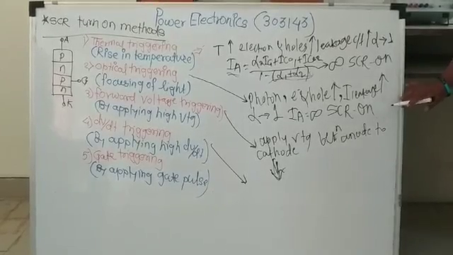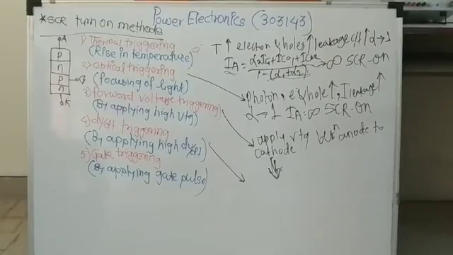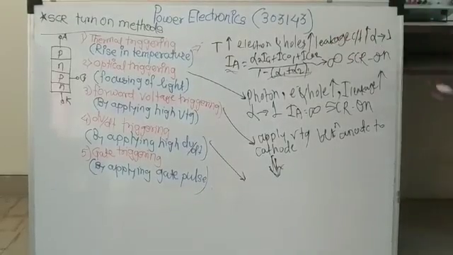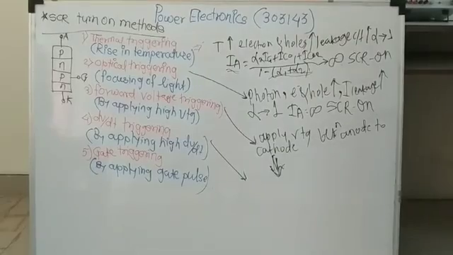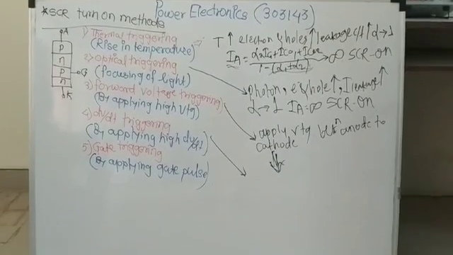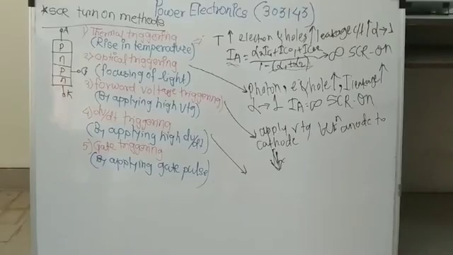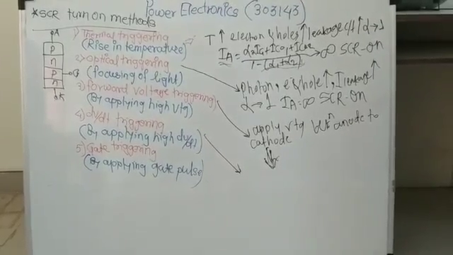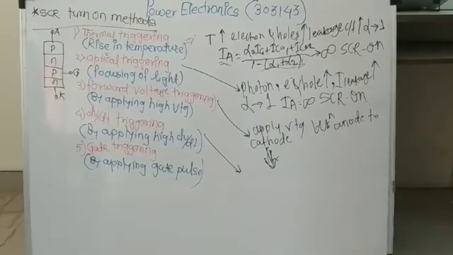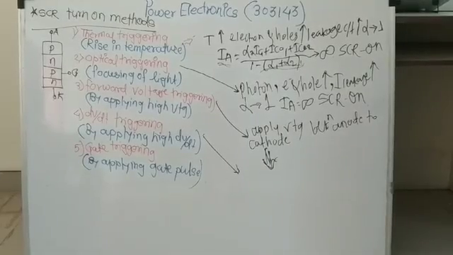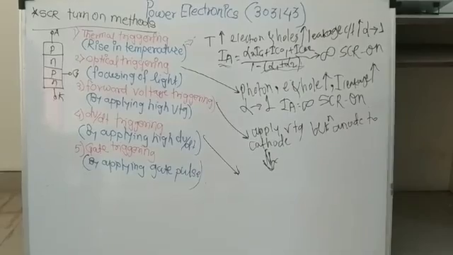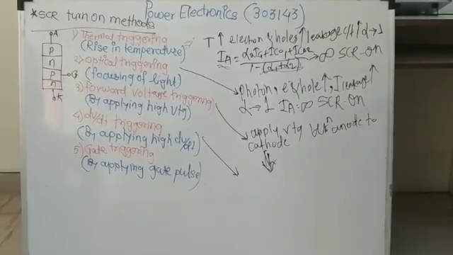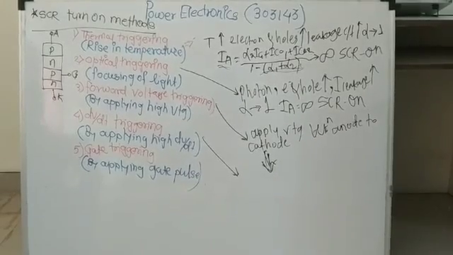In dV by dt triggering, we directly apply very high voltage. Due to directly applying very high voltage, your SCR may get damaged permanently, and hence it is not a proper method, or practically never used.